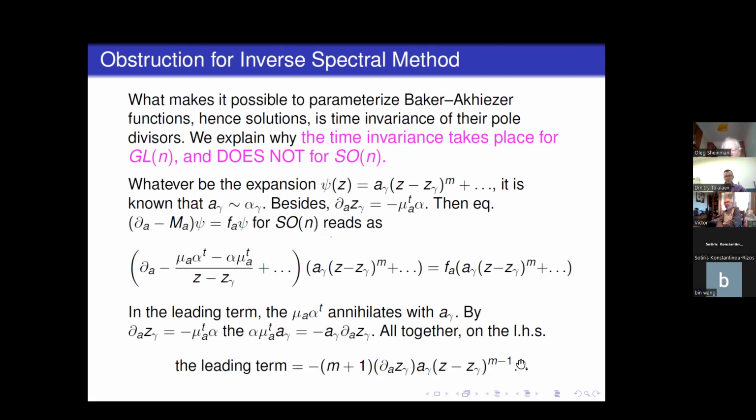All in all, we obtain something of order m-1. Good.